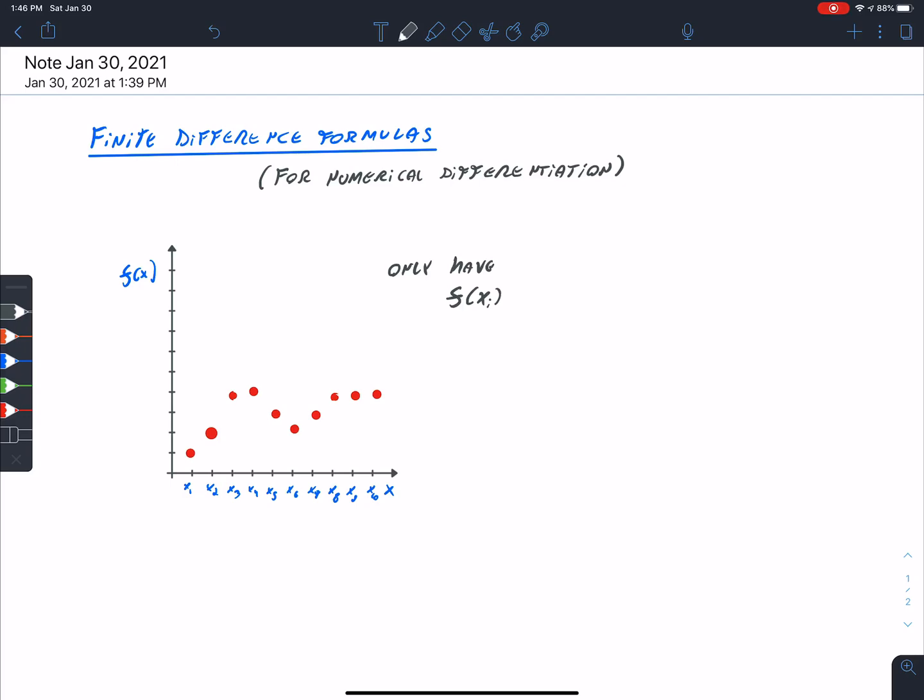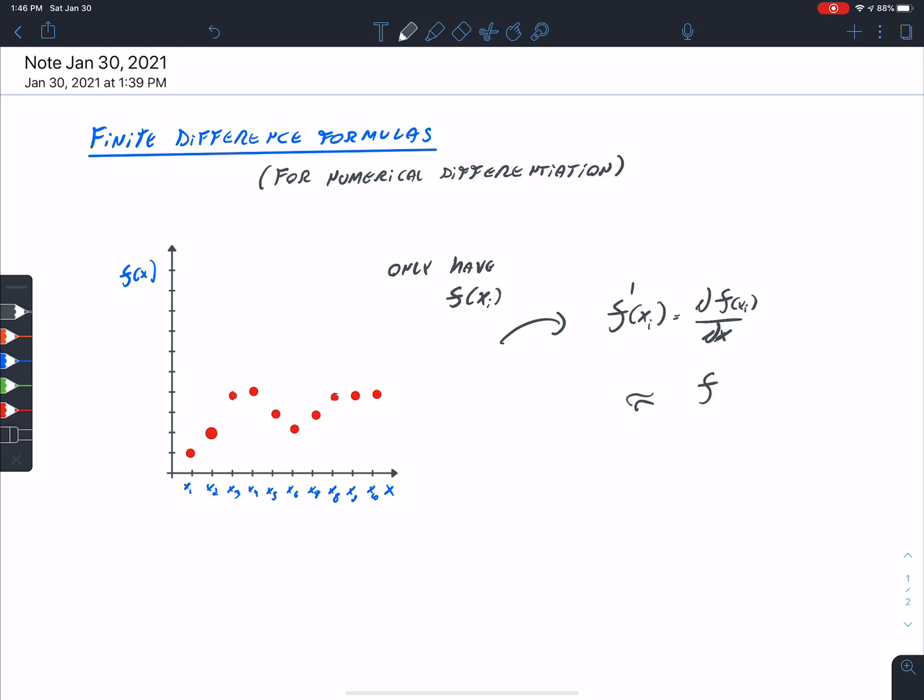And in the past video, we saw that we could use certain formulas that approximate the derivative of this function with respect to x. So we call this f prime of xi, which again is an abbreviation for df at xi dx, the derivative with respect to x, and that we approximated with some formulas.